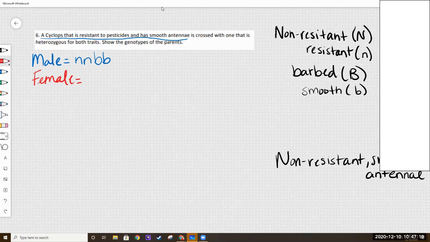Okay, remember hetero always means capital, lowercase. So she's hetero for both traits, she'd be capital N, lowercase n, capital B, lowercase b. Okay? So then what I would do is I would just do my crosses.